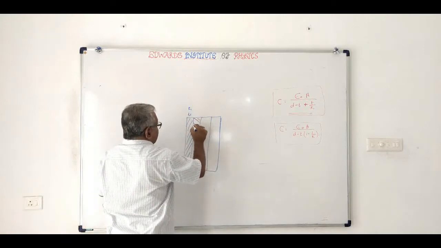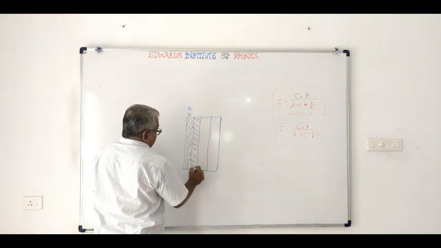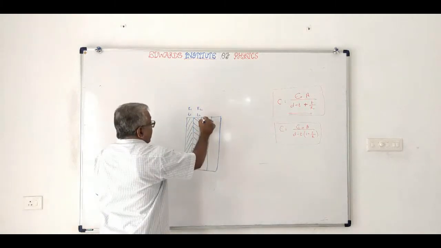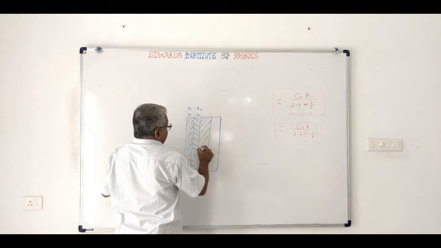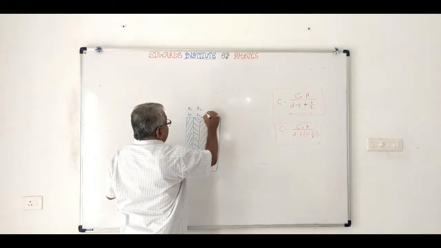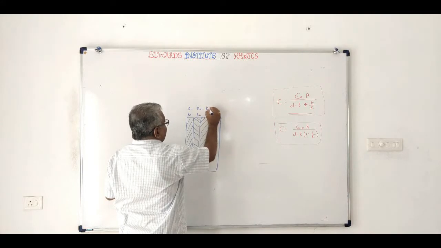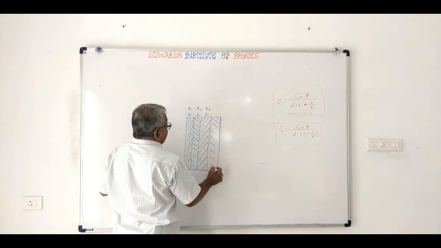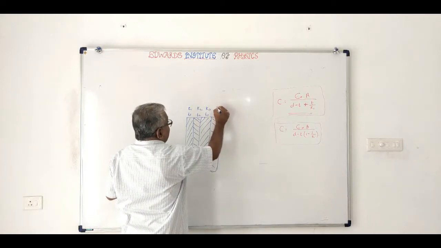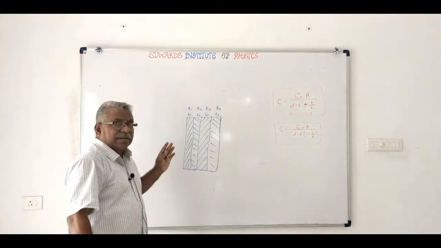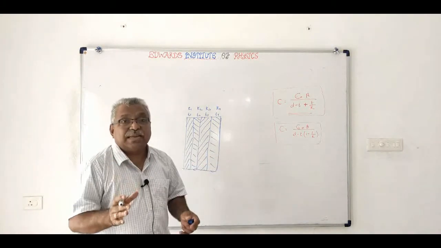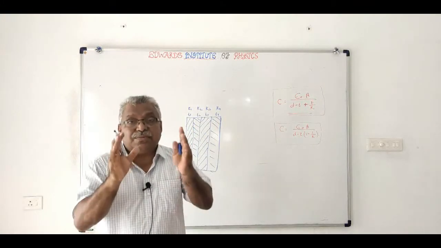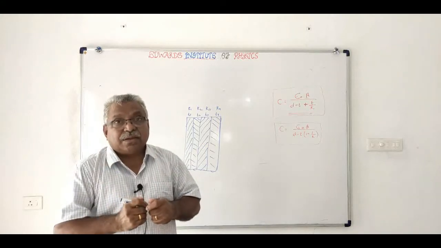This is another dielectric of thickness T2, dielectric constant is K2. This is another dielectric with the thickness T3 and dielectric constant K3. And this is another dielectric with T4 and dielectric constant K4. Like that, imagine there are a number of plates and there are different types of dielectrics introduced between the entire thickness in between the parallel plates.